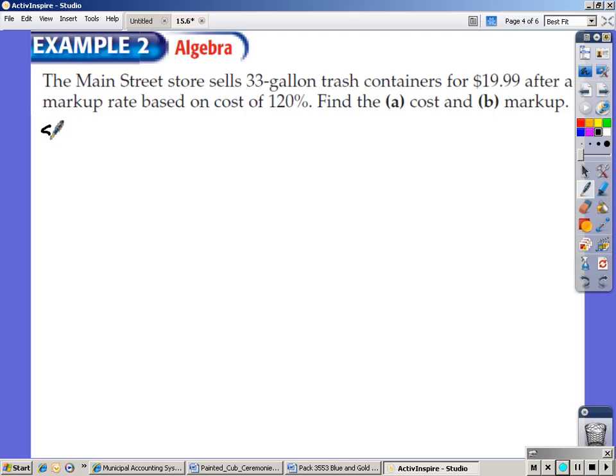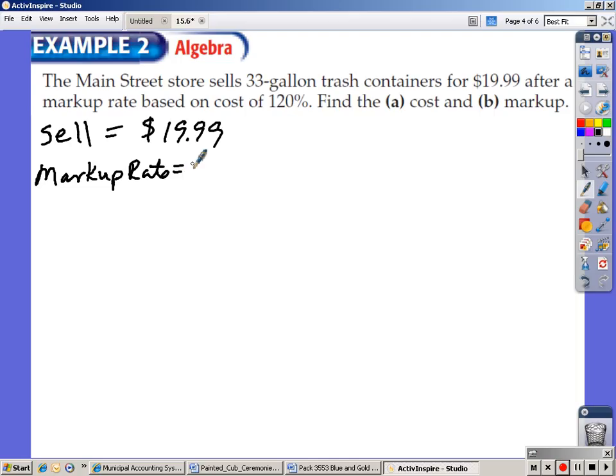We know that the selling price is $19.99. We know that the markup rate is 120%, but in decimal form, it's 1.2.